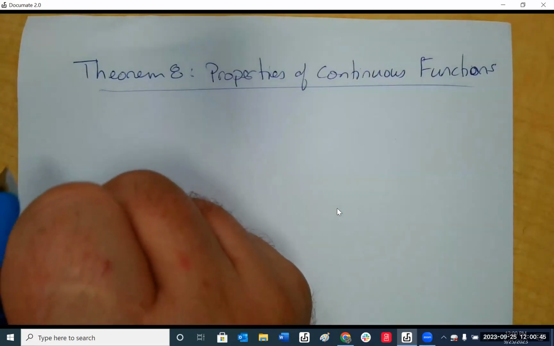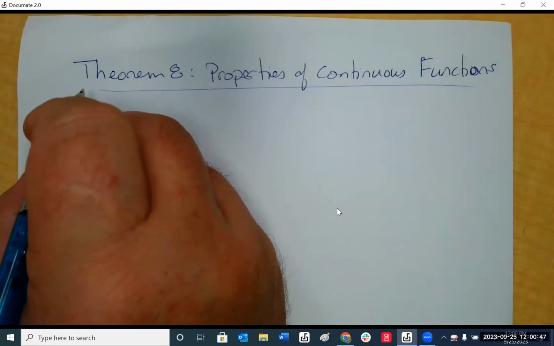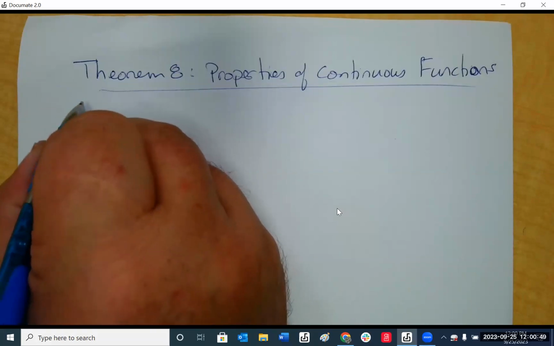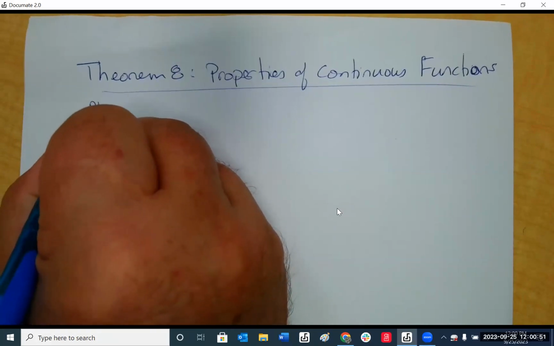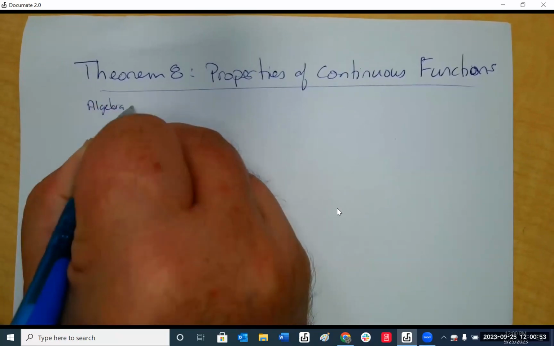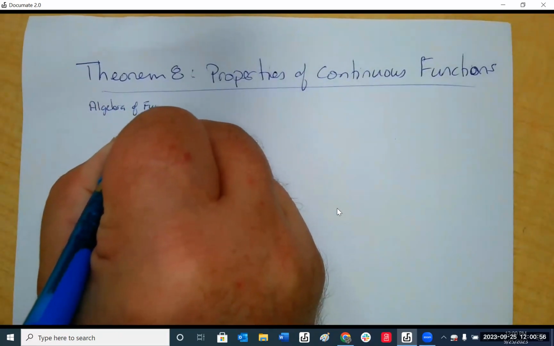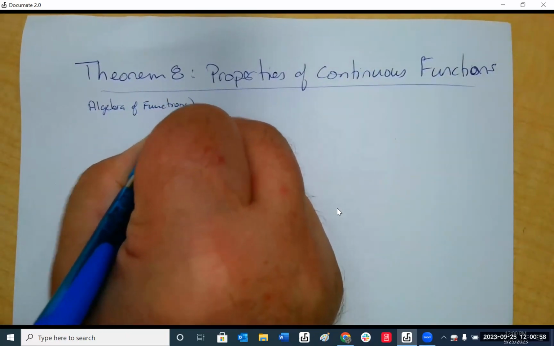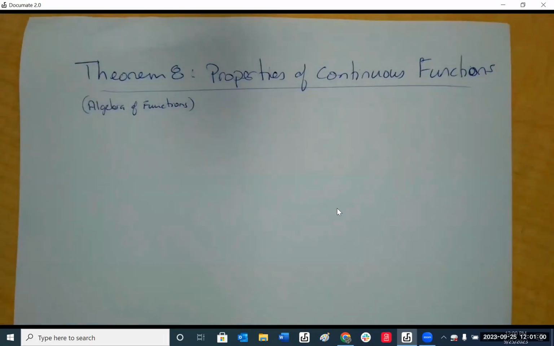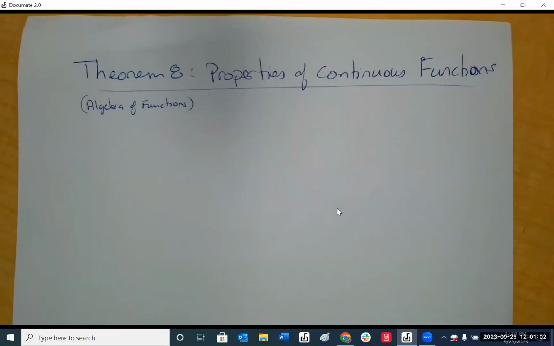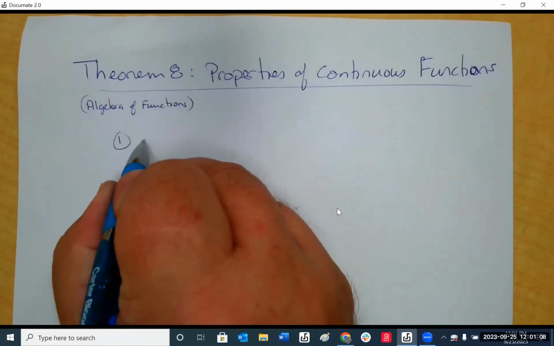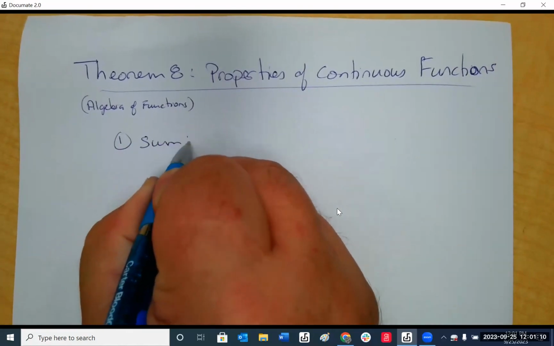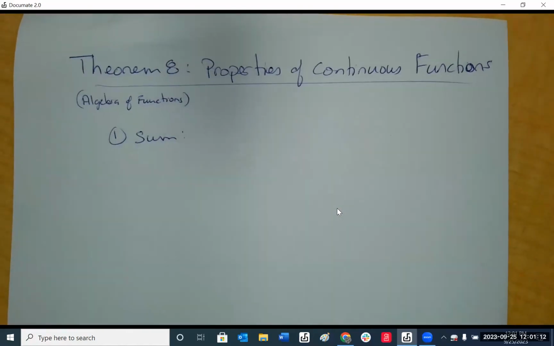This is similar to the algebra of functions. Remember what that means, the algebra of functions? We're talking about operations.